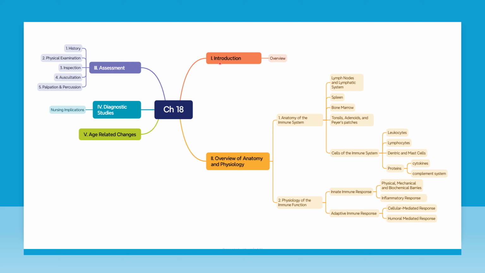So you see the introduction, I talked about it. The next is the overview of anatomy and physiology. Chapter 18, like every chapter in Med-Surg RN, will have a chapter assessment.